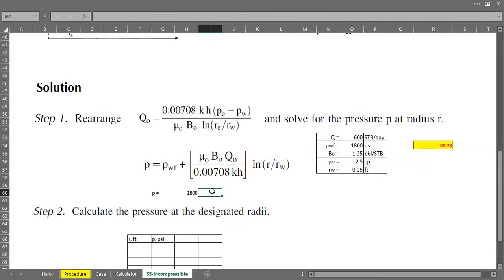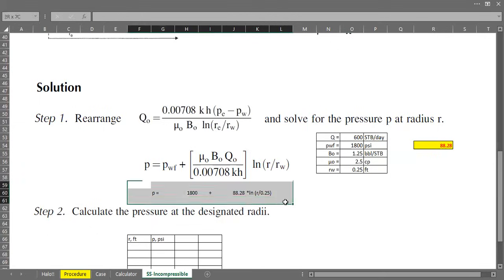And then it will plus 88.28. All right. And then multiplied by natural logarithm of r divided by rw, which is 0.25.